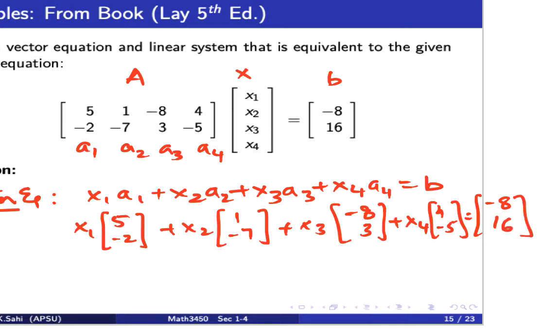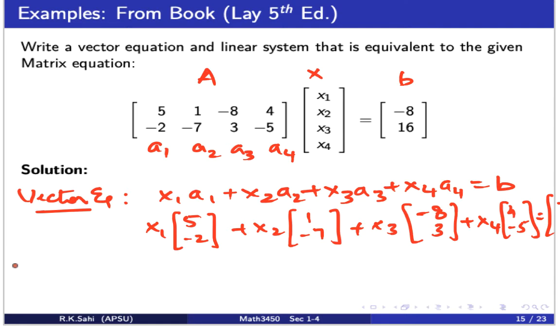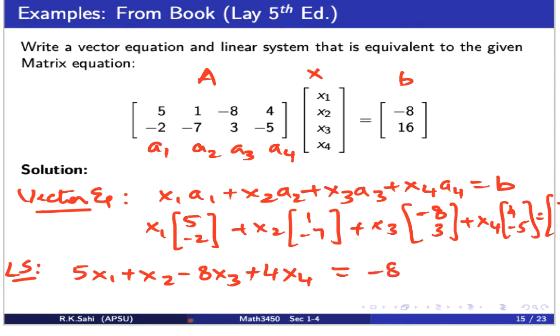Okay, let's write down the linear system of equations. The linear system is going to be simply, just do the matrix product: 5x1 plus x2 minus 8x3 plus 4x4 equals minus 8. Then minus 2x1, minus 7x2.